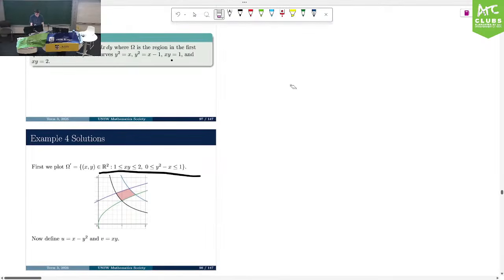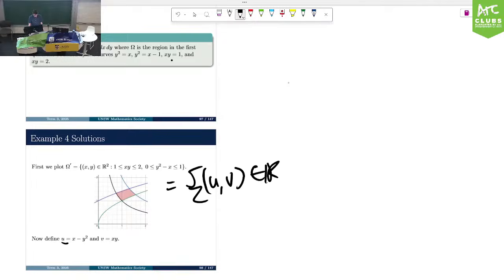So if we make this first function of x and y our u, and this second one our v, then we can represent this omega as the uv in R2, such that 1 is less than or equal to v, which is less than or equal to 2, and u is between 0 and 1.